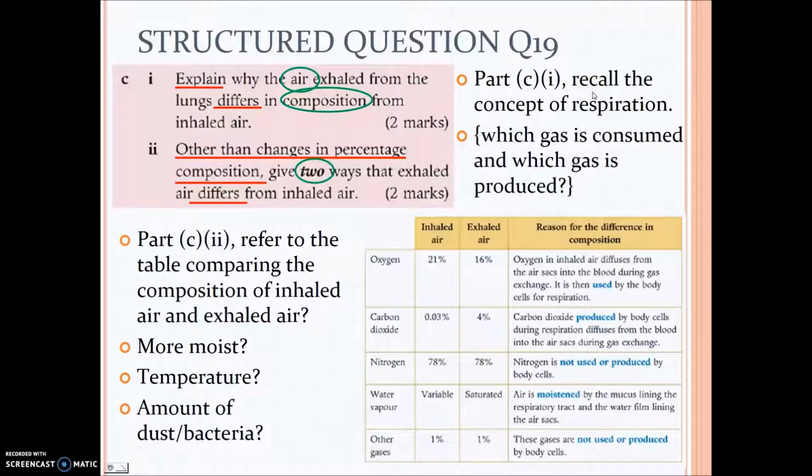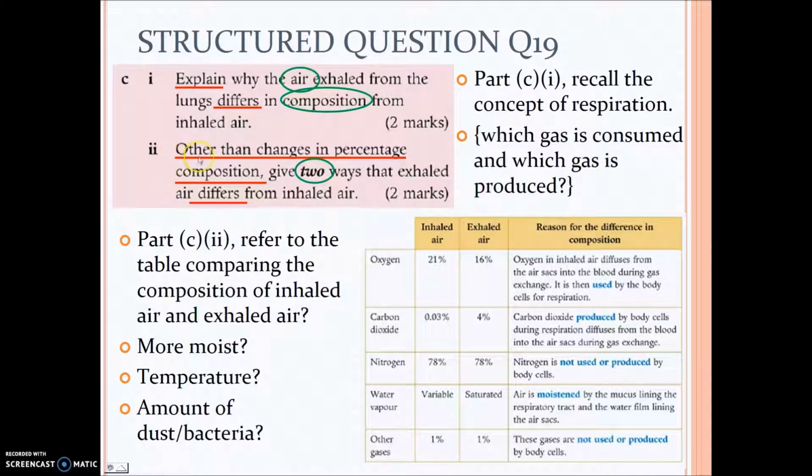What I'm going to tell you is that you need to recall the concept of respiration. Which gas is consumed and which gas is produced, and then you can explain why the air exhaled from the lungs differs in composition from the inhaled air. As a hint, you probably know that it should be oxygen and carbon dioxide. So which gas is consumed and which gas is produced during respiration?